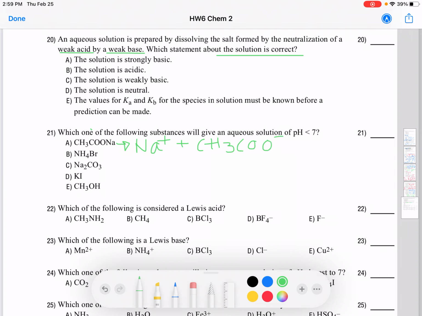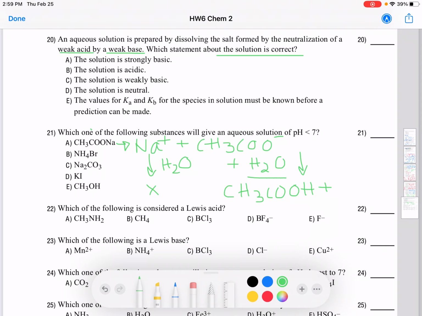Is sodium going to react with water? What do you think? Remember, I've been telling you all this time, sodium is a cation from a strong base, sodium hydroxide, so it's not going to react with water. What about the acetate? Acetate ion is the conjugate base of acetic acid. It reacts with water to give you acetic acid, CH3COOH.